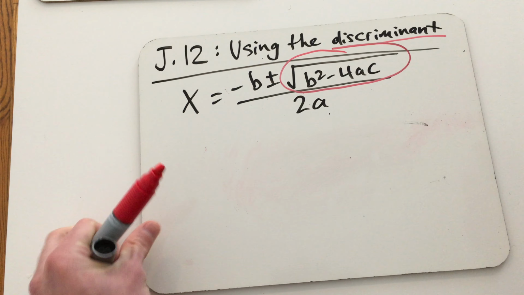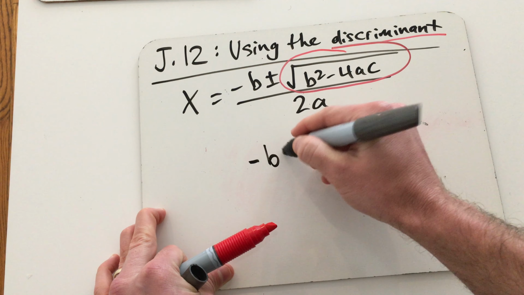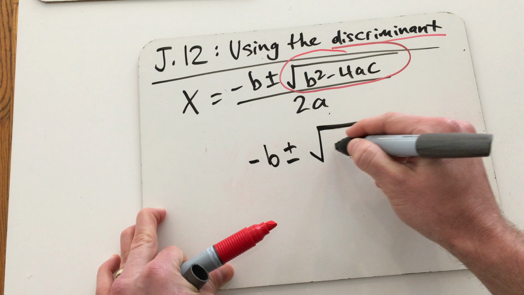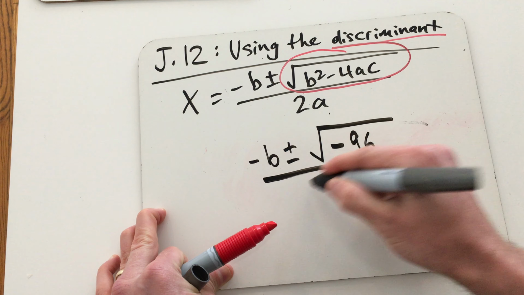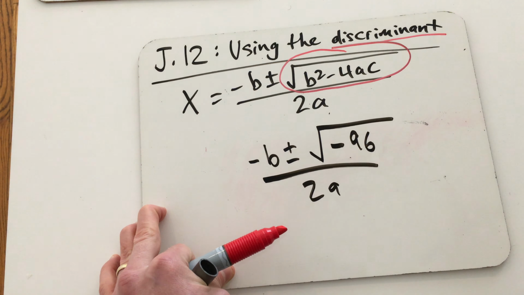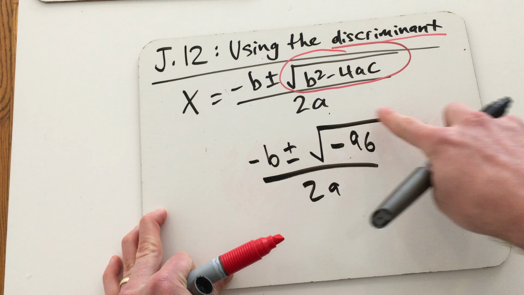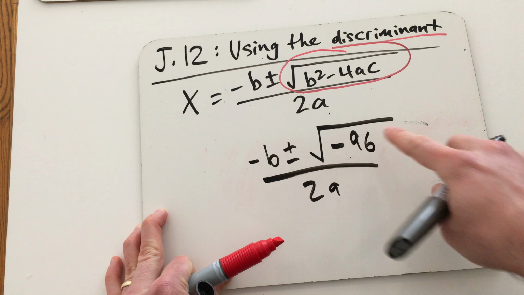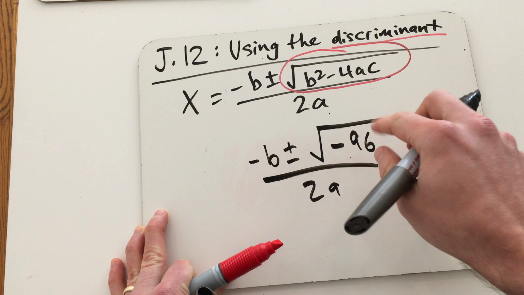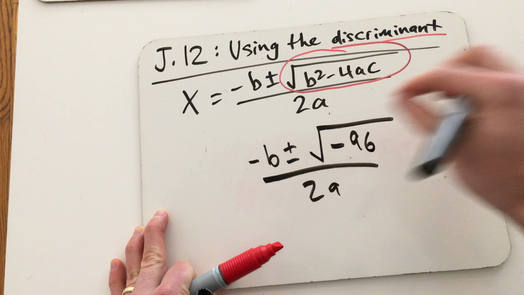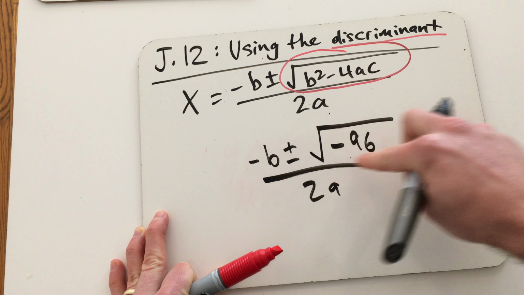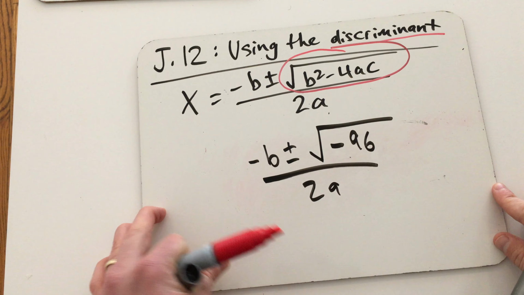So if we plugged in negative 96 here, we get negative b plus or minus the square root of negative 96 over 2a. We can't take the square root of a negative number and get a real number. When we take the square root of a negative number, we would write it as something with i, meaning imaginary. So because this is an imaginary number, there are no real solutions.